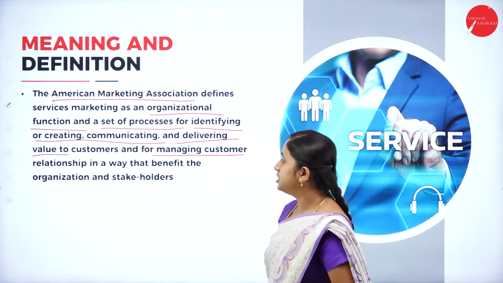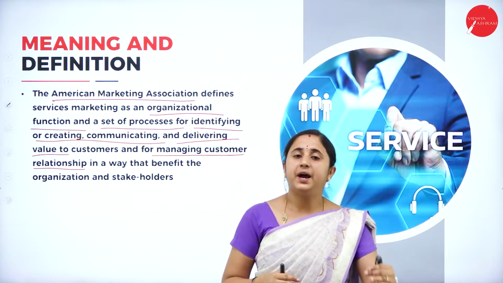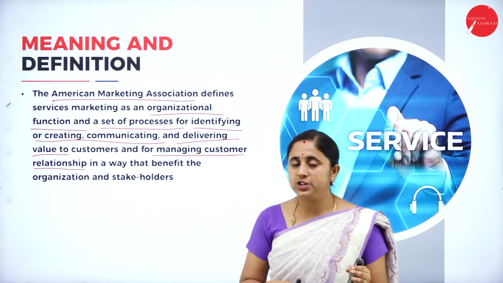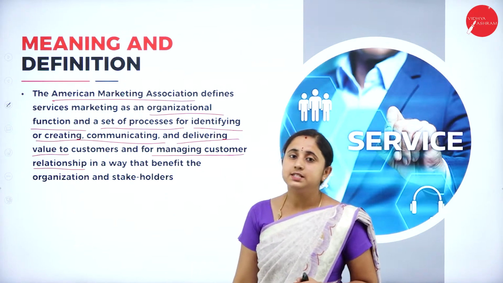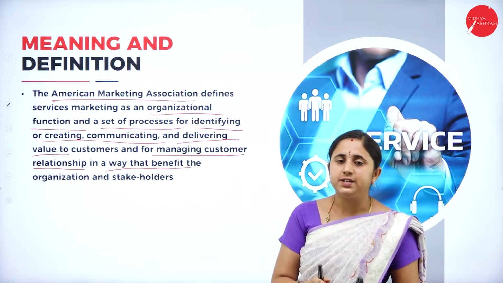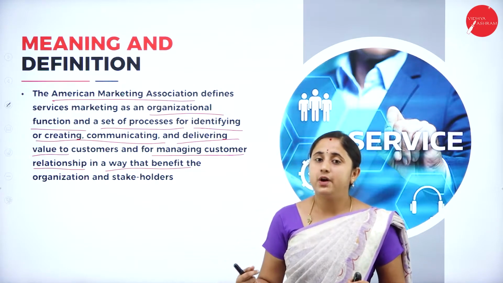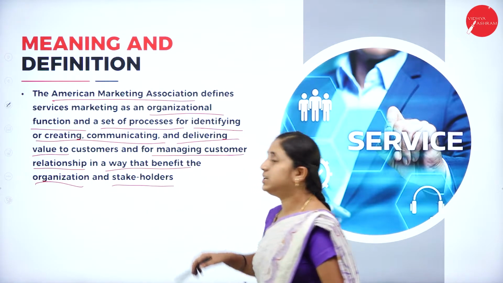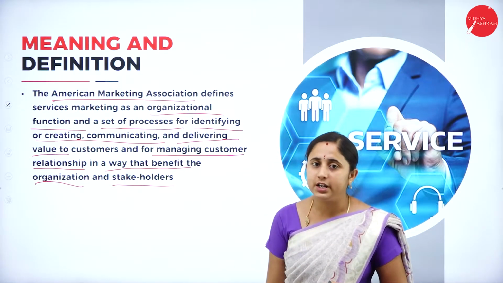And for managing the customer relationship, in order to maintain the good relationship between the producer and the consumers, you need to render some services. In a way that this service should act as a benefit, an advantage for the organization as well as for the stakeholders.